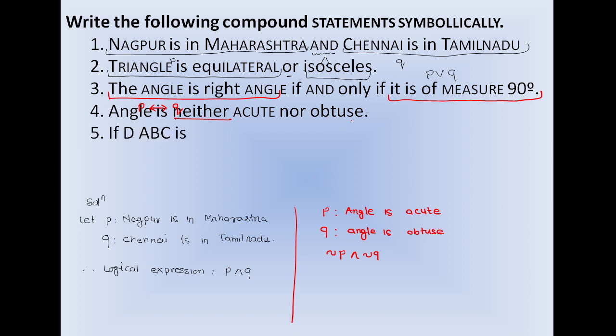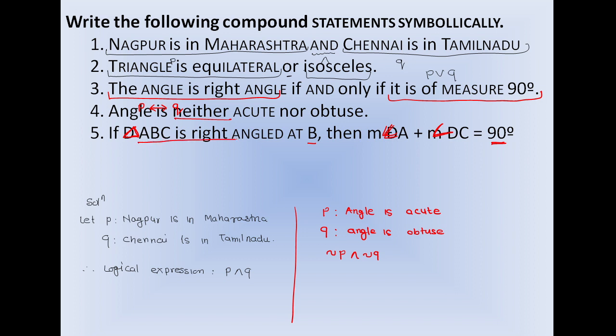Let me go for the next example. If triangle ABC is right angled at A, then measure of angle A plus measure of angle C is equal to 90 degree. So in this statement, there are two statements. What are the two statements?